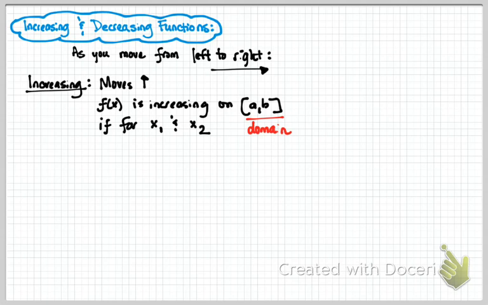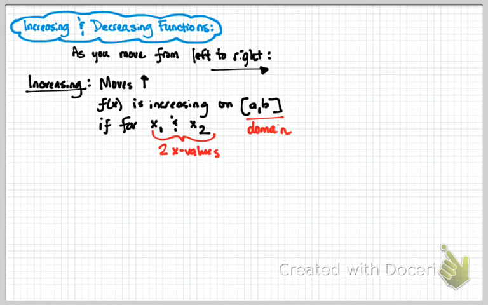If for x1 and x2, and what do x1 and x2 represent? They're not your y values, they're your x values, right? So your two x values.